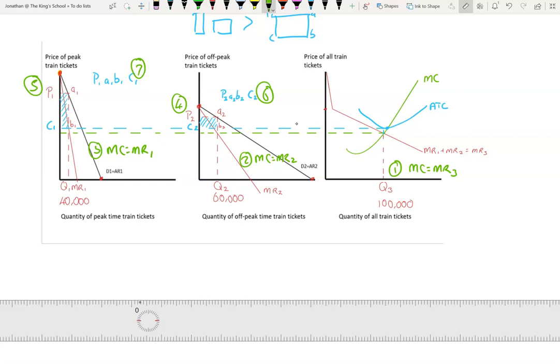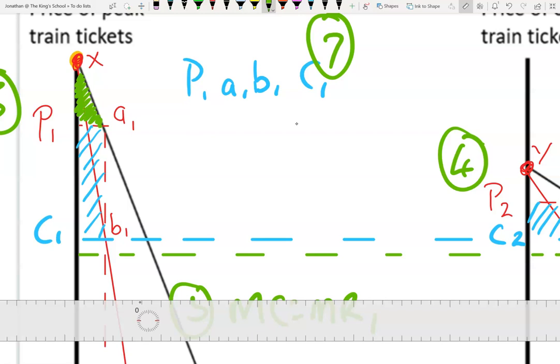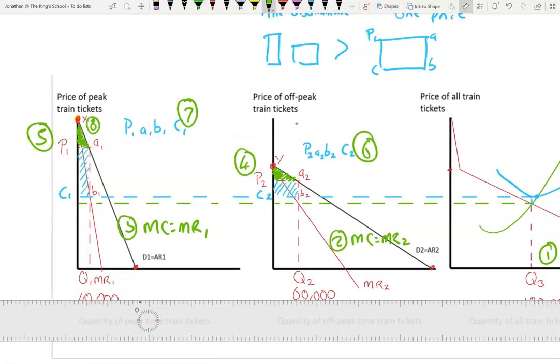Eight and nine, you could also add, I'll add another X and Y label here, and you may talk about the consumer surplus as well. Consumer surplus, I'll put it in a different color over here. You'll have that consumer surplus area there and a consumer surplus area over here. So you may choose to go further and go eight and nine over here.